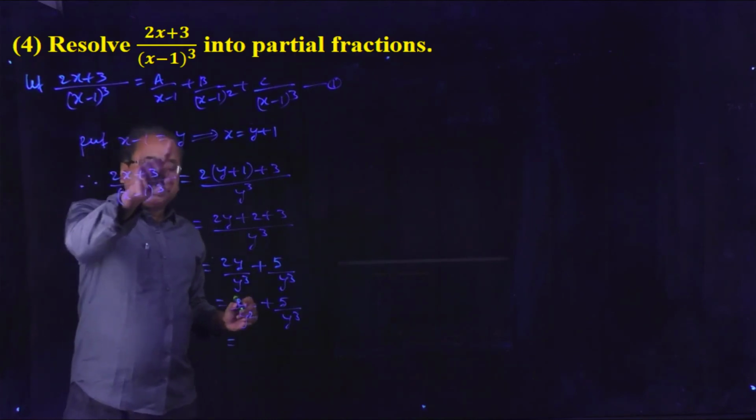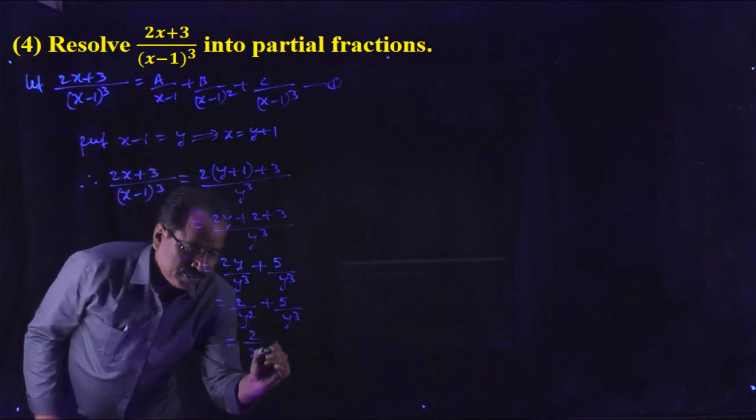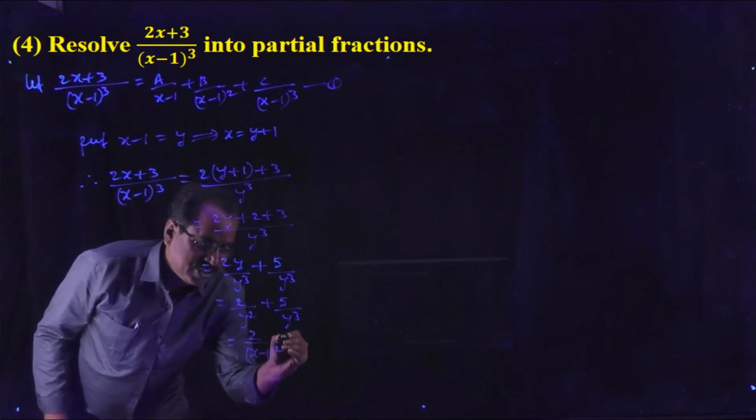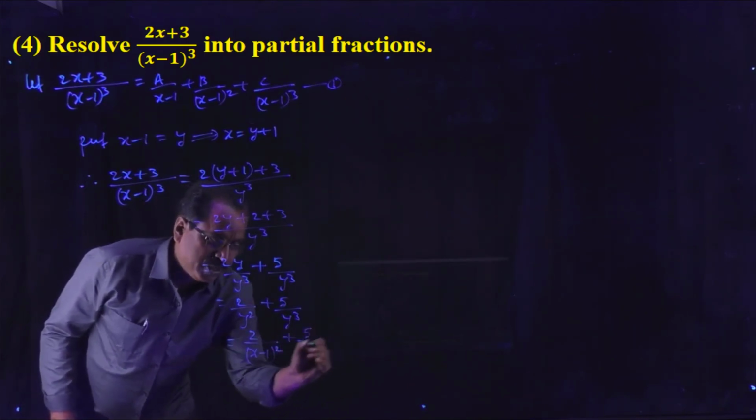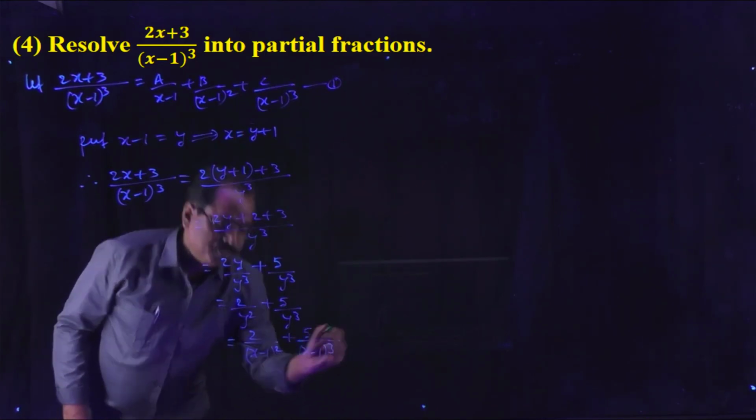Put x - 1 = y. So 2/(x - 1)² + 5/(x - 1)³. Okay, thank you.